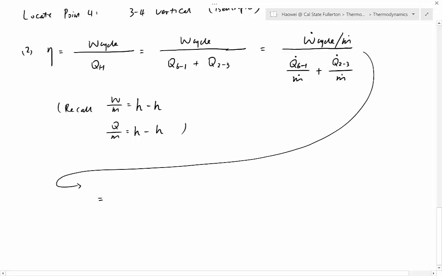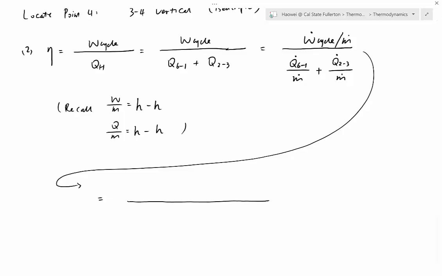The numerator is W cycle per unit mass. What is W cycle? W cycle is the net amount of work coming out of your system. So it must be work generated minus work consumed. So work generated must be W dot first turbine 1 to 2. However, you have a second turbine, so plus the work generated in the second turbine, that is 3 to 4.